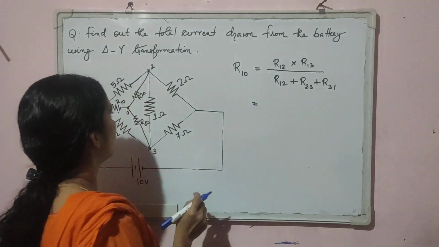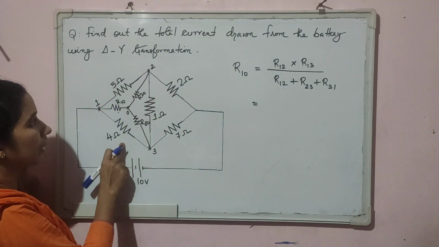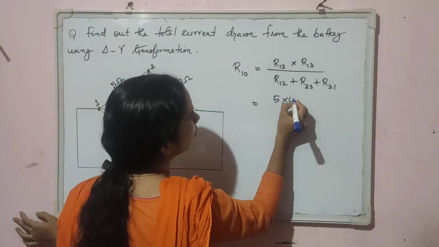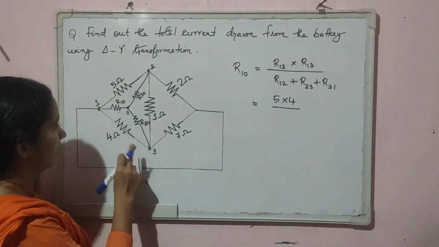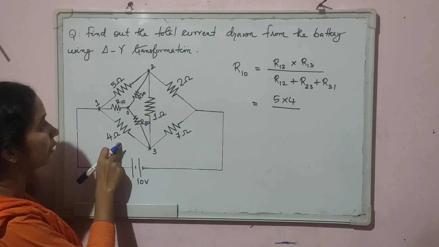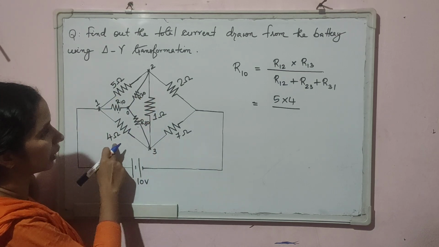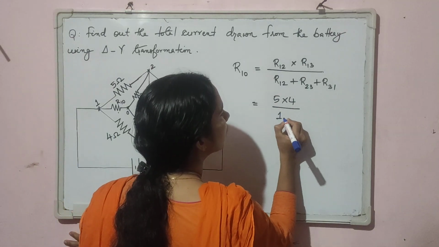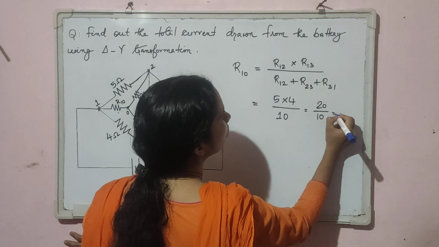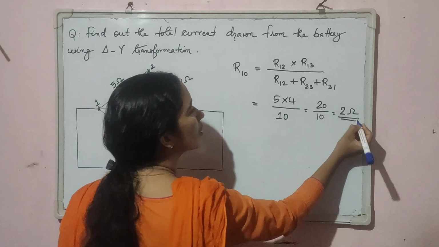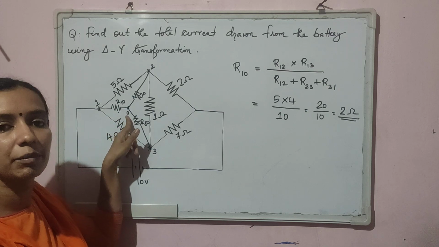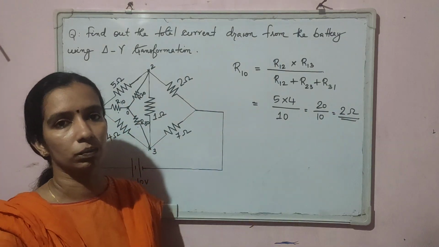Which is equal to 5 into 4, divided by R12 plus R23 plus R31, that is 5 plus 1 plus 4, that is 10. So 20 divided by 10, which is equal to 2 ohm. So the resistor to be connected between terminal 1 and terminal 0 is 2 ohm.